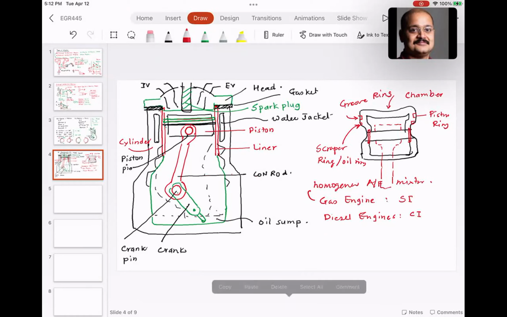So for that, you need to have a certain air fuel ratio that is called the stoichiometric ratio. If you have too much air and too little fuel, the fuel is not going to burn. If you have too much fuel and too little air, the fuel is not going to burn. So there is a particular range.